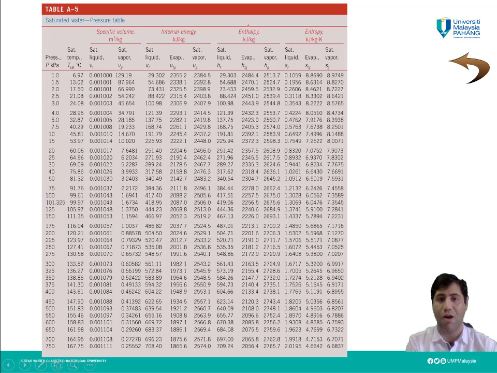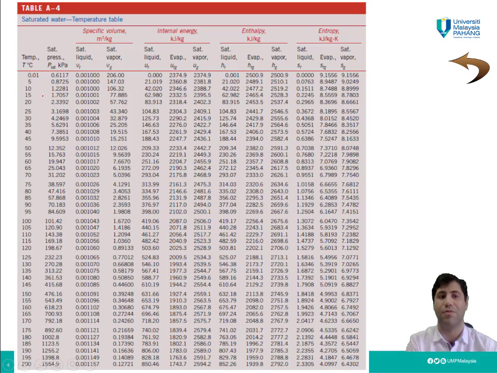Later we will see how we can use this table to find these different properties for the water, just by knowing, for example, the pressure here, and in the other table the temperature. If we also know the state of the material, which is saturated water here, we can come to this table and find the properties for that material.